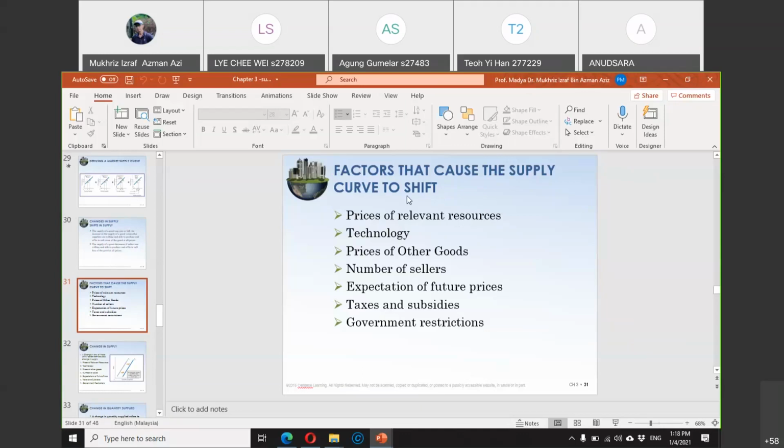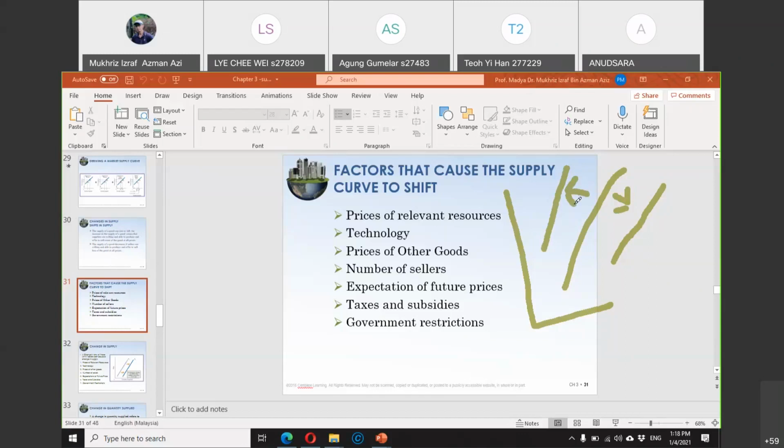Anything besides the price of the good itself will cause what we call a change in supply, meaning it will cause the supply curve to shift, either to the right, or to the left, meaning supply decreases.